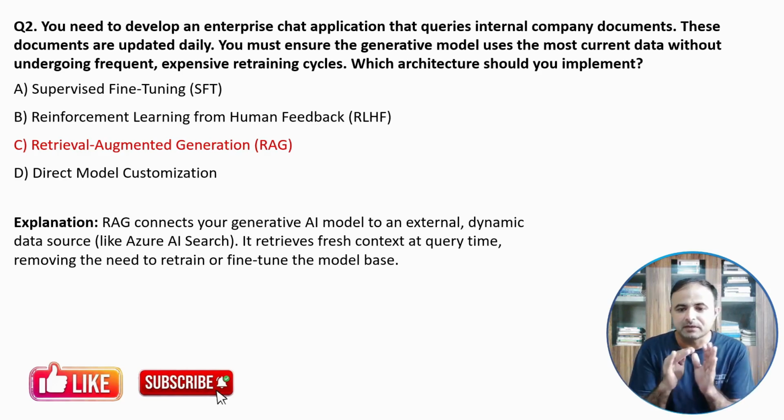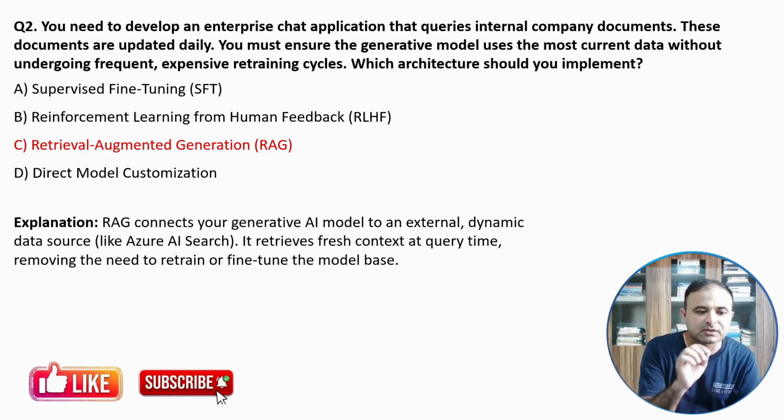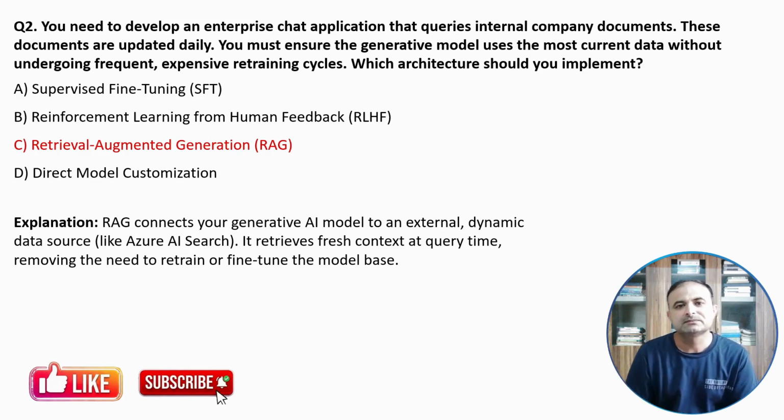If I'm talking about providing internal company documents, that is a relevant search. Here the RAG approach is very useful, because retrieval augmented generation is useful for relevant search. That is the correct answer. Why?